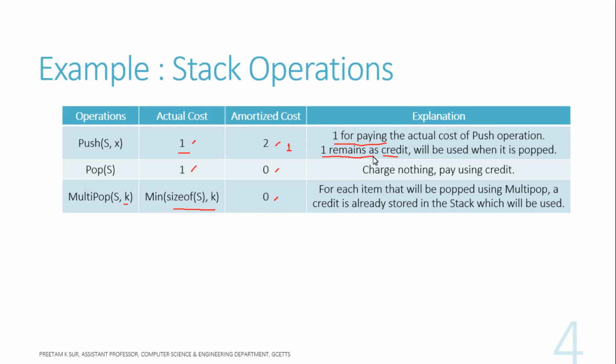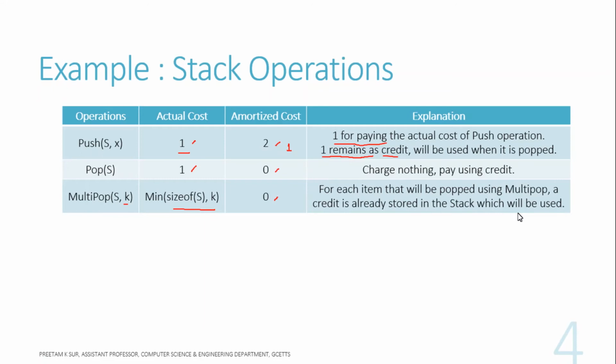Again, in multi-pop there is no amortized cost, because for each item popped using multi-pop, a credit is already stored in the stack to be used. As you know, we can pop only those items that were pushed.